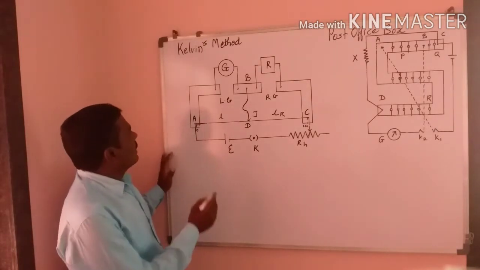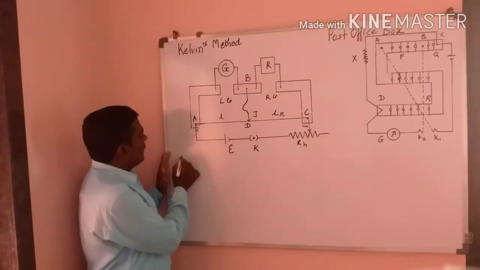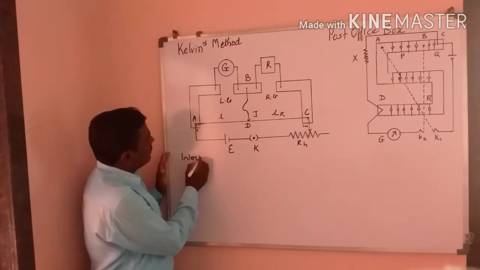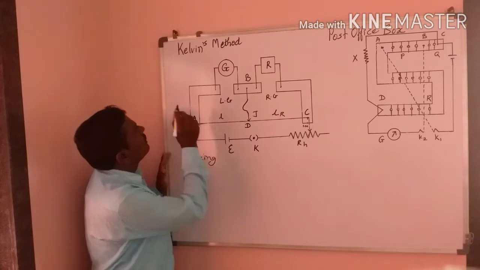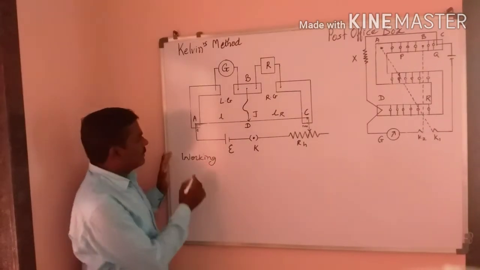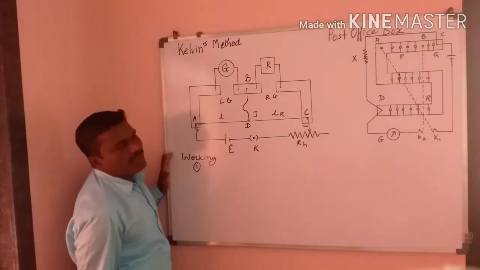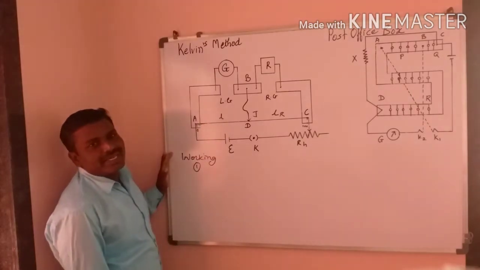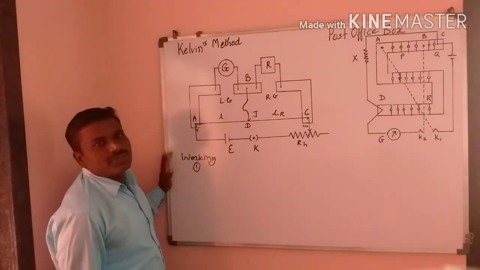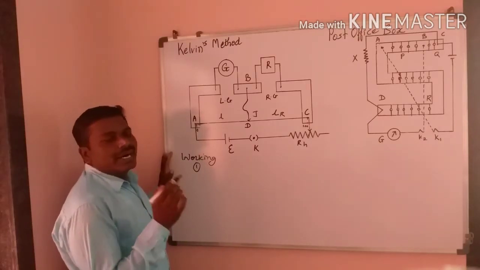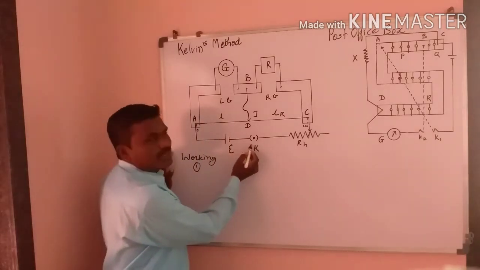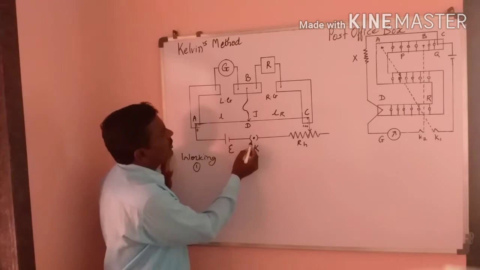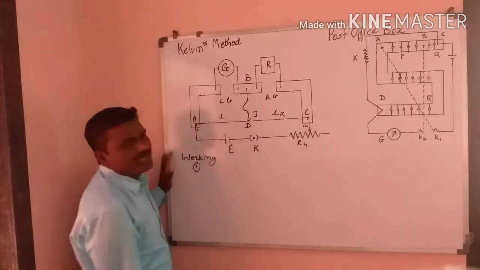Again, let us see the working of this Kelvin's method. In the first step, a suitable value is taken from the resistance box. Again, close the key. When we close the key, at that time current flows through the circuit.